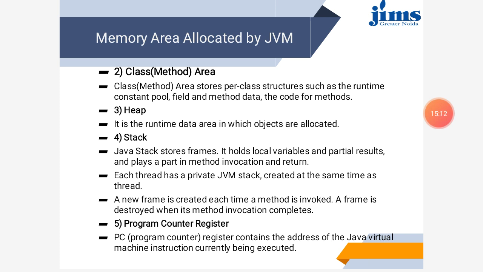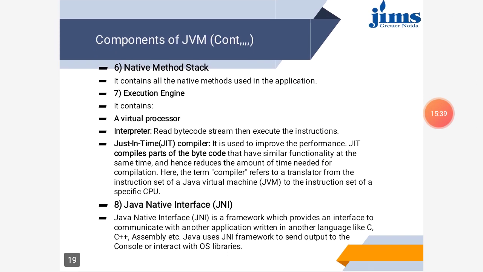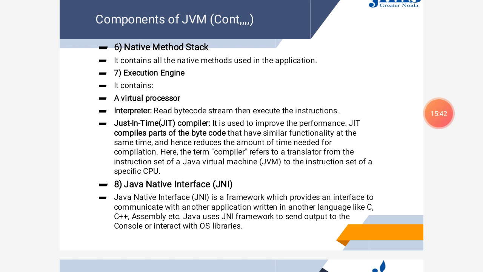Heap contains the objects which are created or allocated in running the program. Stack keeps your local variables. And program counter register contains the address of the Java virtual machine instruction which is used in executing the program. Other components are like native method stack. It contains all the native methods used in the application.